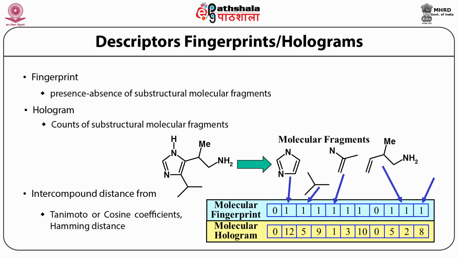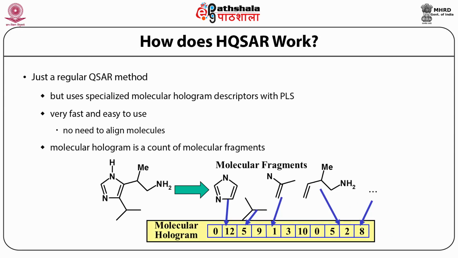Using these techniques, we found the nearest neighbors and calculated the Tanimoto and Hamming distances, which shows how the HQSAR works, as these holograms are strips of numbers which have been taken to do the QSAR. And we design the molecules. On the left hand side are the molecules, and on the right hand side is the hologram contribution. The good contribution is shown by the shaded areas, the portions which have contributed positively to make the inhibitor better.